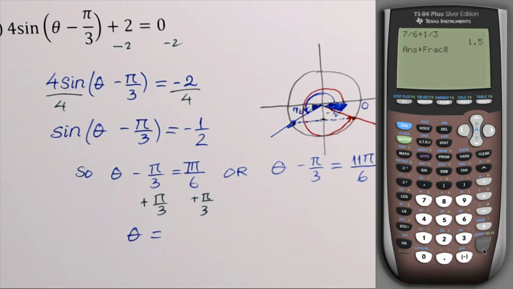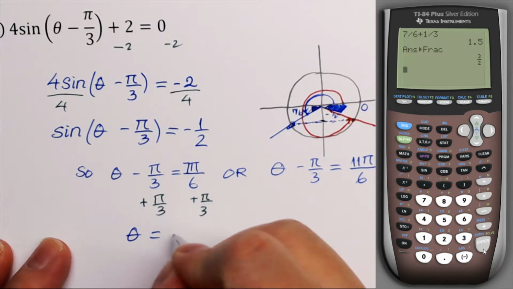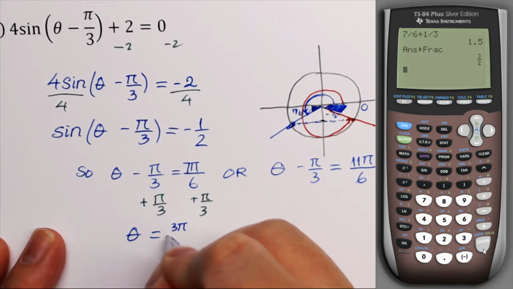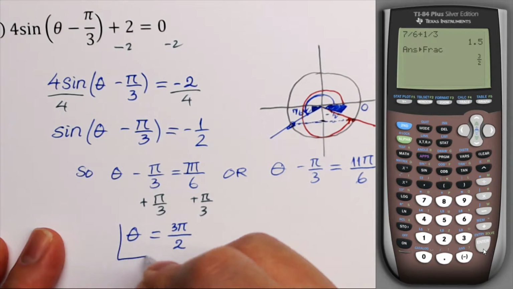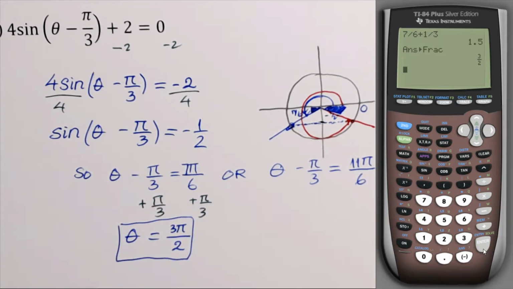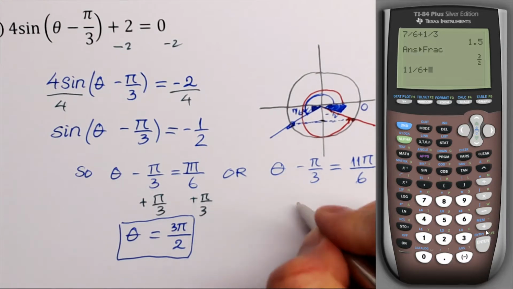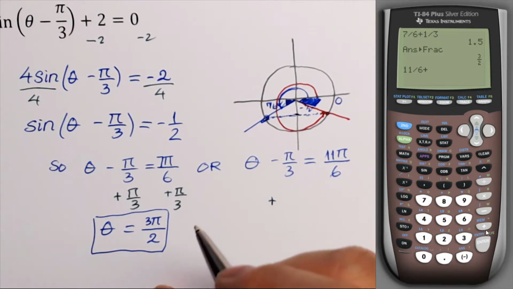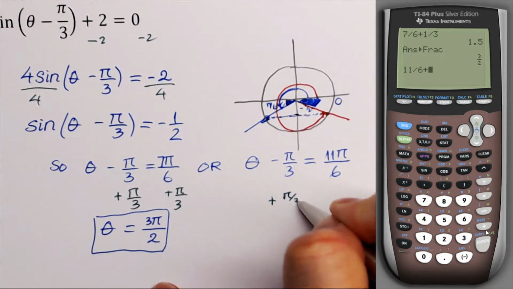And then we divide by 4. And sine of theta minus pi over 3 is negative 1/2. And again, we draw the little unit circle.